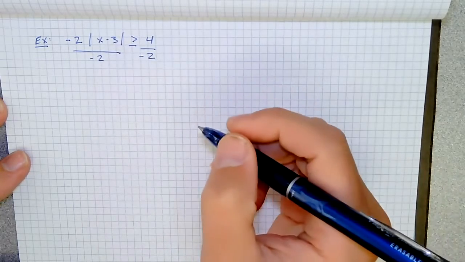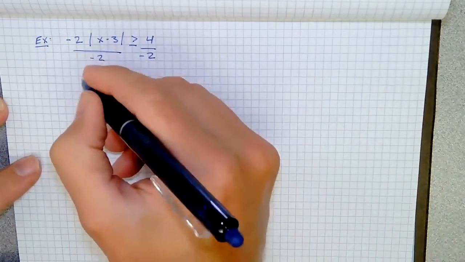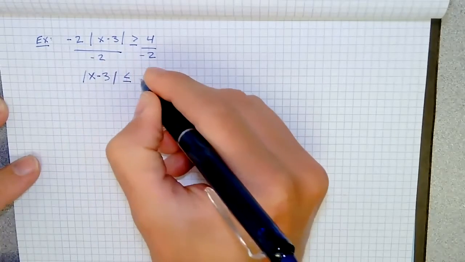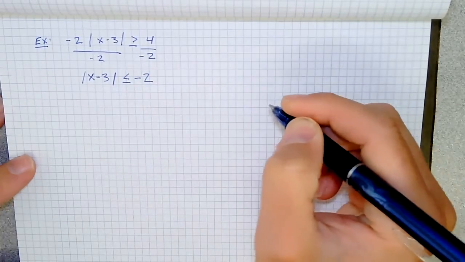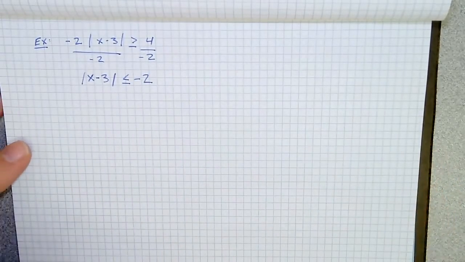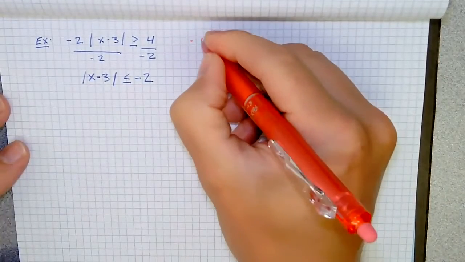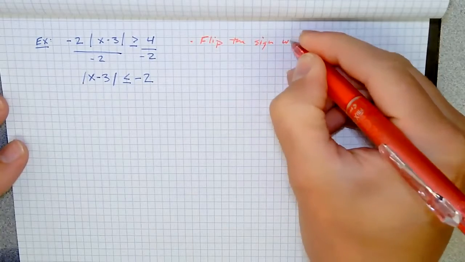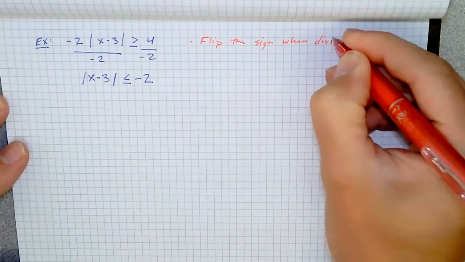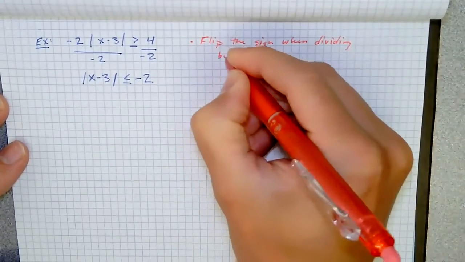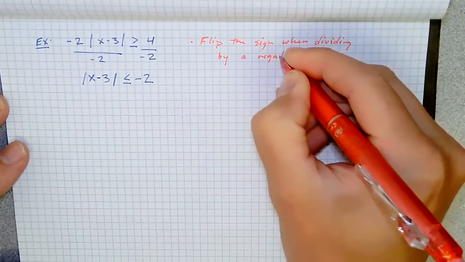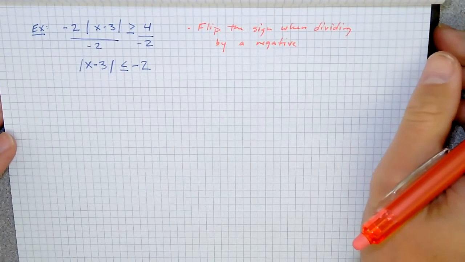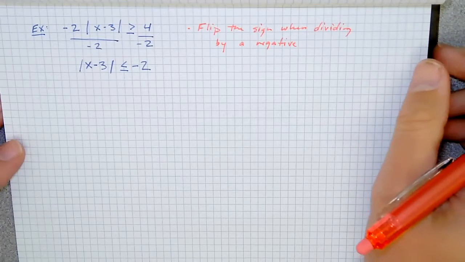Okay, what happens when we divide by a negative? Flip the sign. All right, so that's special scenario number 1 in this problem.